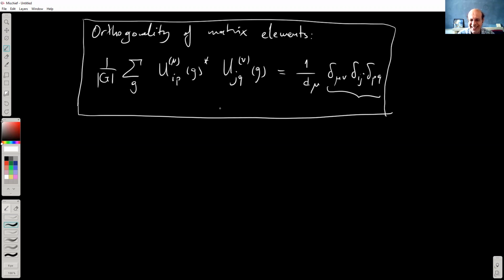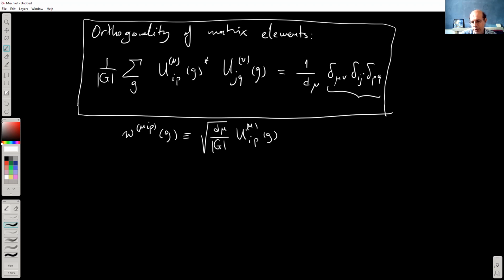And then we have said that, because of this, we have defined these W mu IP vectors. Oh, right, let me write it down. W mu IP vector, we have defined it like this. Its G component is defined as the square root of the dimension divided by the group order multiplied with the matrix element.